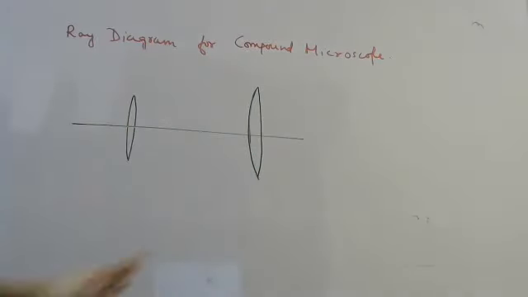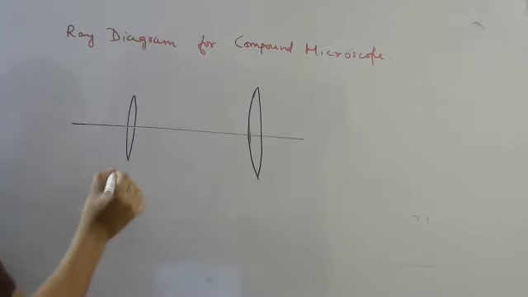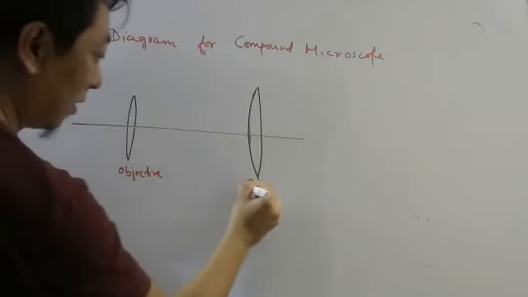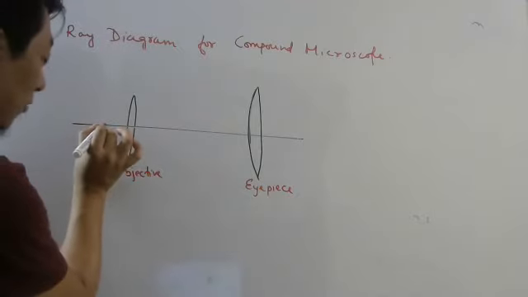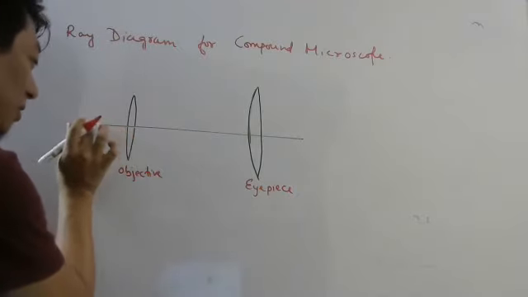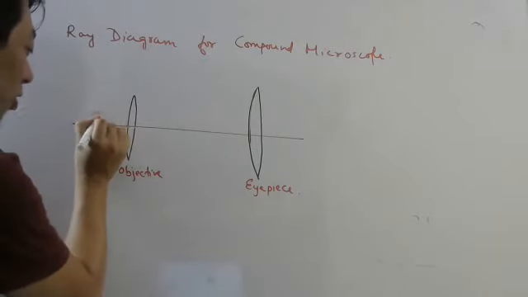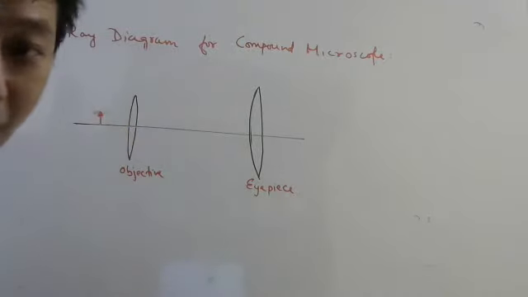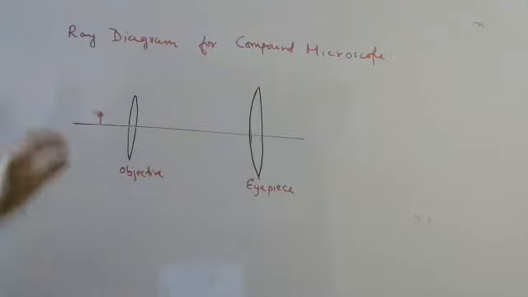One will be slightly bigger than the other one. Okay. So this is your objective. This is your eyepiece. Then what you do, you have to keep the object slightly outside the focus of this. Okay, and don't draw the object too long, because you are using a microscope to see small objects, right? So don't draw the object too tall. So this is your object.